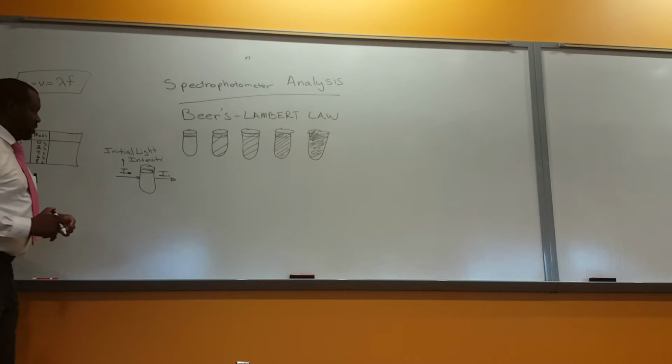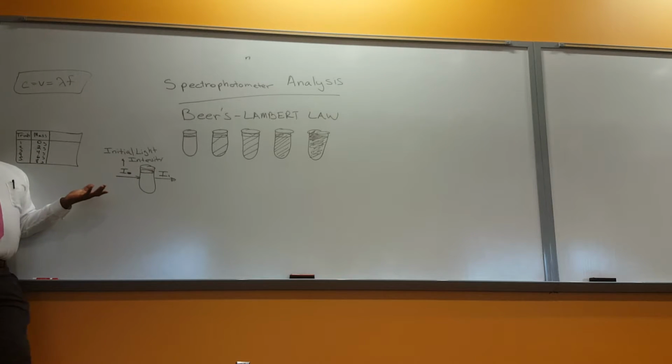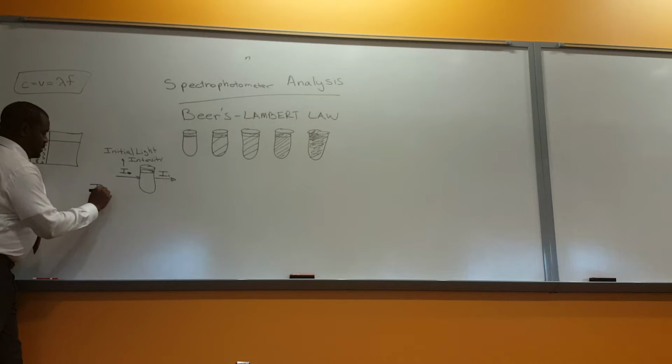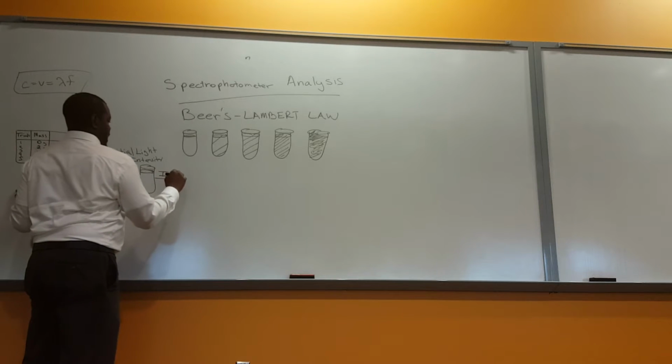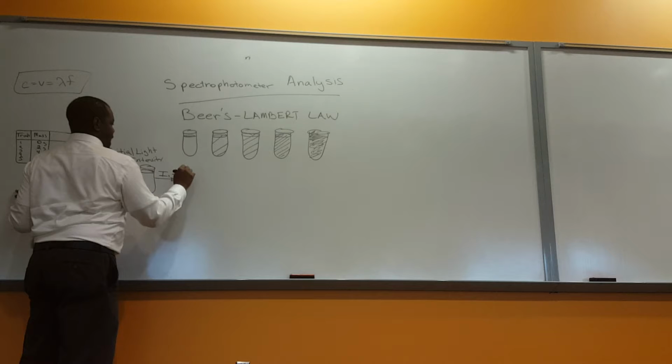That'd be I1. So the ratio between I0 and I1, that's how much has been transmitted. We call that T1. So we say I sub 0 divided by I sub 1. This is final. So I1 is the final light intensity.